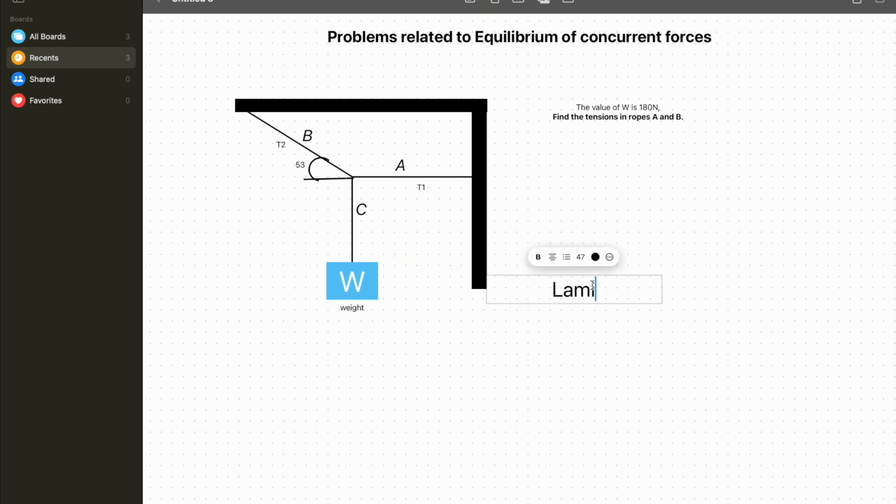Using Lami's law, the sum will be so much easier than before.